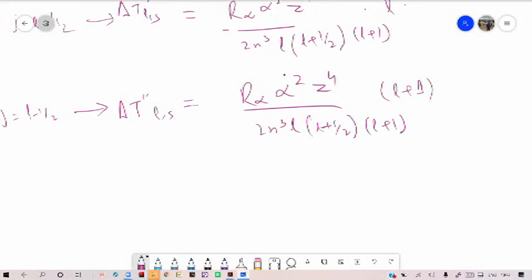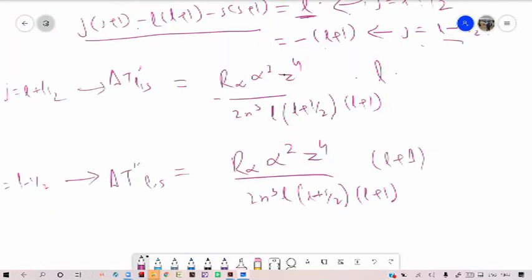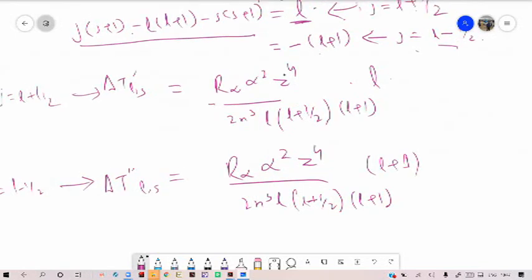Now, if you see these two terms, this is L, this is L plus 1. So if it is L, the next will be L plus 1. So what does that mean? That means the spin orbit interaction causes each term, that is energy level, of a given L to split into two terms of different J. J equal to L plus half and J equal to L minus half are two different J values.